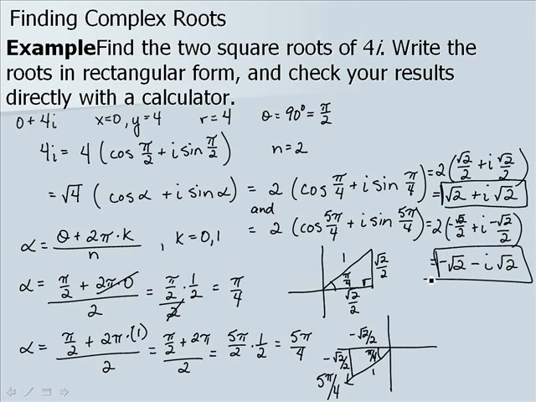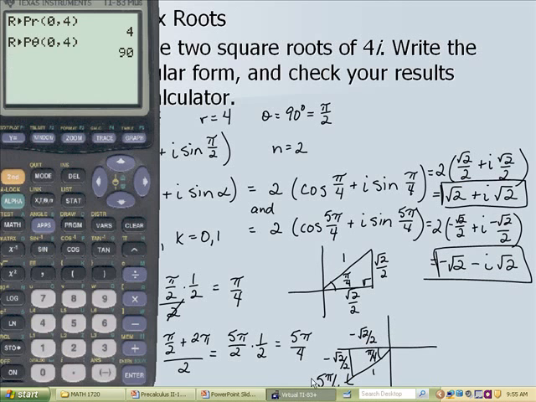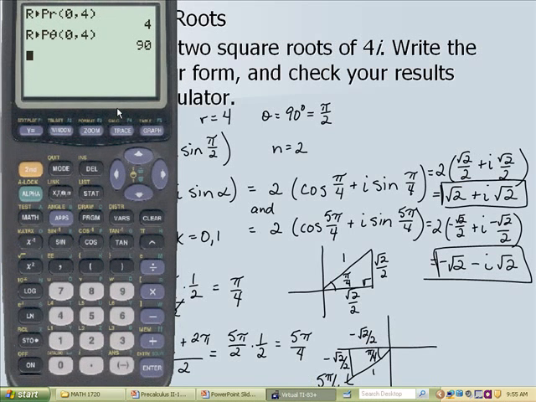So now let's check on our calculator. One way to check is to type in our equations and our numbers and square them to see if we get 4i. So let's take the square root of 2 plus i, which is second decimal, times the square root of 2, and we want to square it, and we see we get 4i.